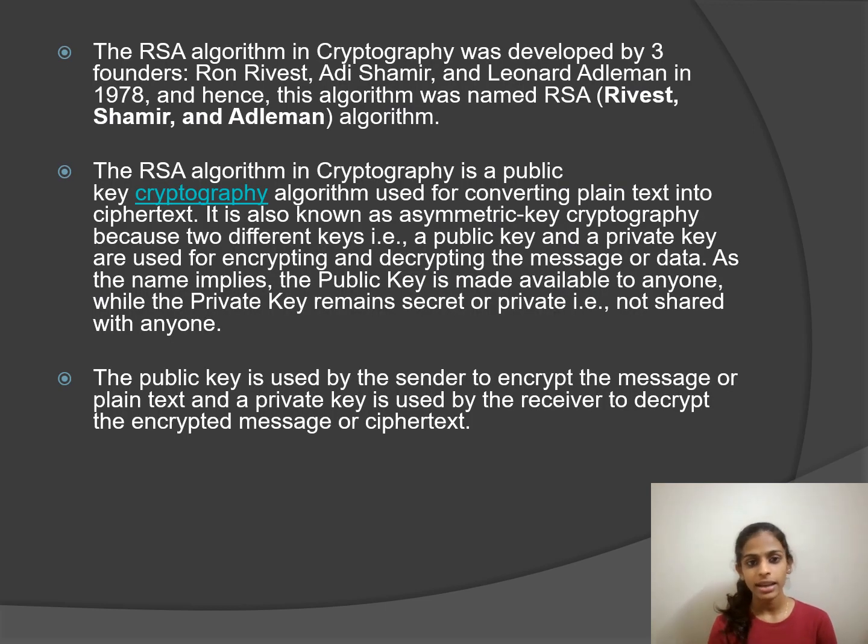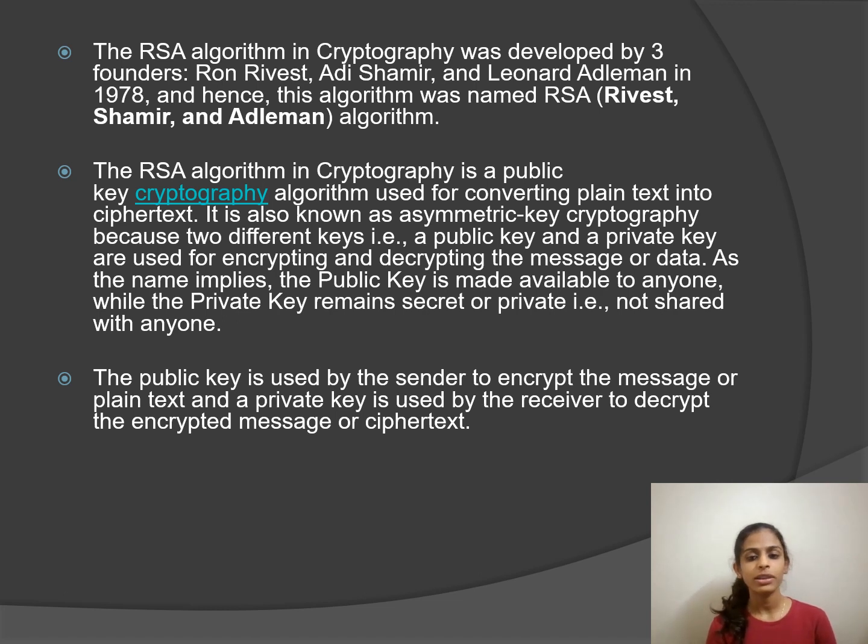Coming to what is RSA algorithm, the RSA algorithm in cryptography was developed by three founders, namely Ron Rivest, Adi Shamir, and Leonard Adleman in 1978, and hence the algorithm was named RSA. So taking the first letter of each founder, the RSA algorithm was named after them.